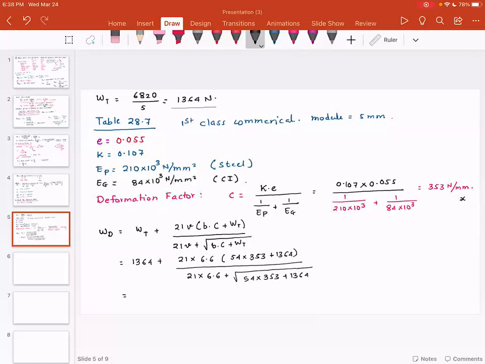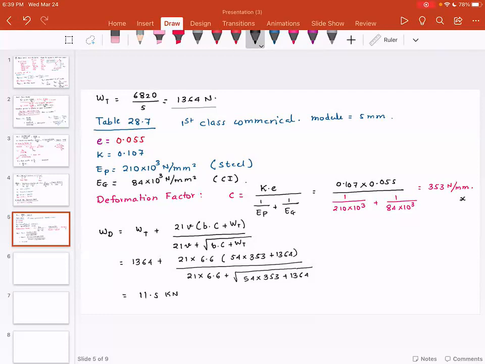And once you solve this, your answer is going to be 11.5 kilonewton. Now, once we know the dynamic load is 11.5 kilonewton, we have to find out the static load and the wear load.